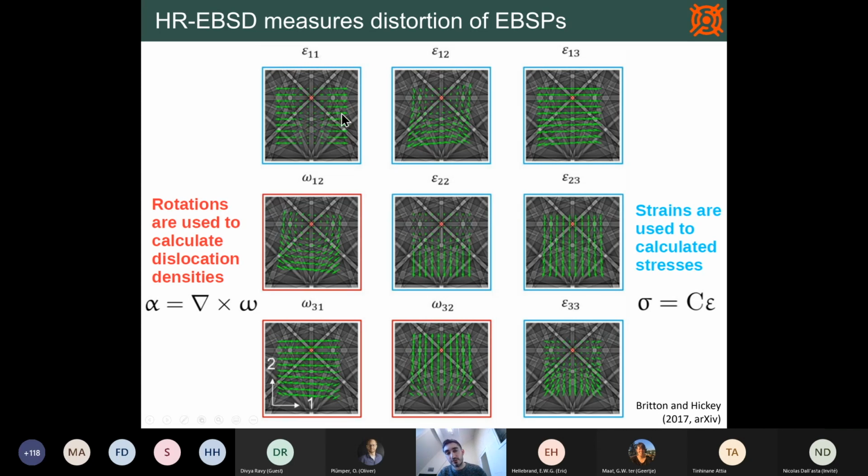But these distortions are really small, so we need really sensitive image processing in order to detect them. Similarly, the misorientations, the curvature of the crystal, are going to make the whole diffraction pattern rotate. So these rotations tell us about the dislocation densities, and these elastic strains can be used to simply calculate the residual stresses that are currently trapped in the crystal.